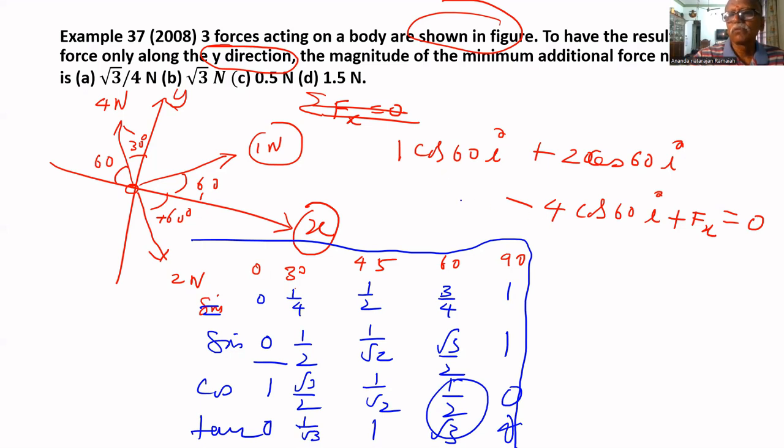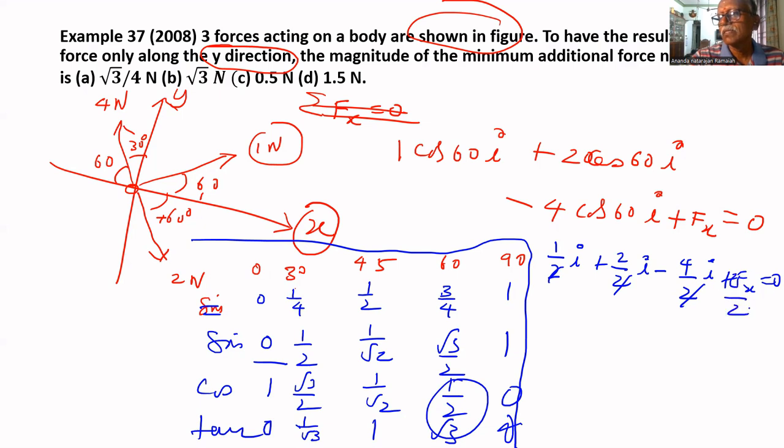So what you will get is 1 by 2 I plus 2 by 2 I minus 4 by 2 I plus Fx equal to 0. Therefore, all the 2 you can cancel because right side is 0.